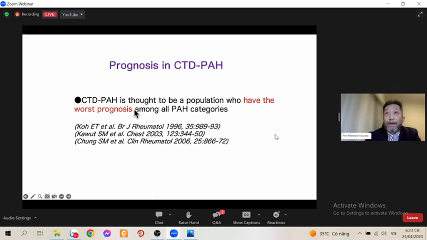I'm going to talk about CTD-PH today because CTD-PH is thought to be the population with the worst prognosis among all PH categories.